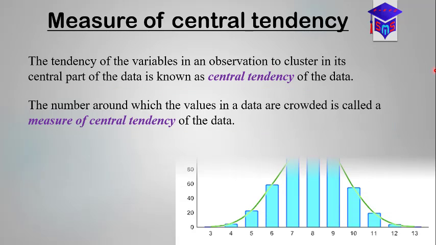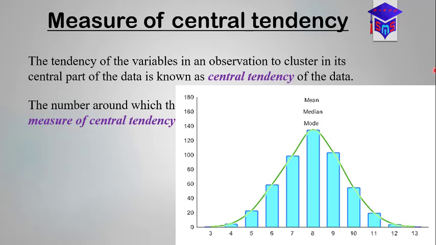For example, if you have a data like this, nicely represented in a bar chart, the data looks to be crowded around a particular central value. This data is normally distributed, and that value is what we call the measure of central tendency.